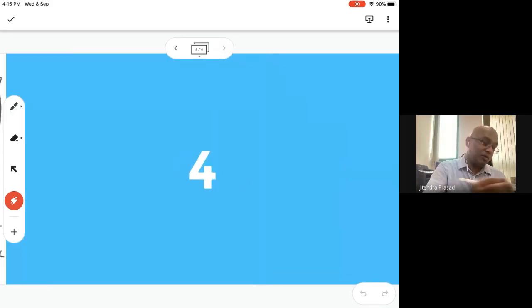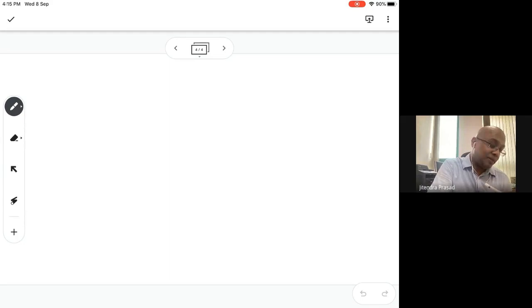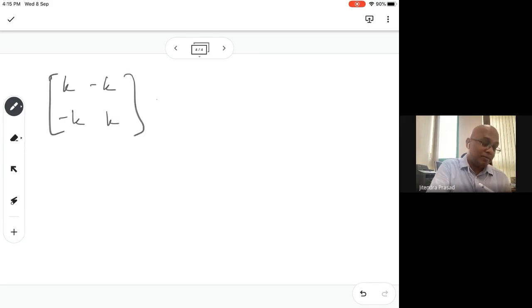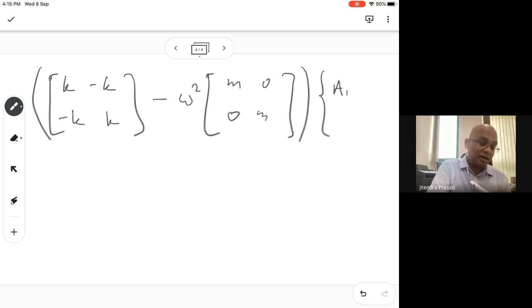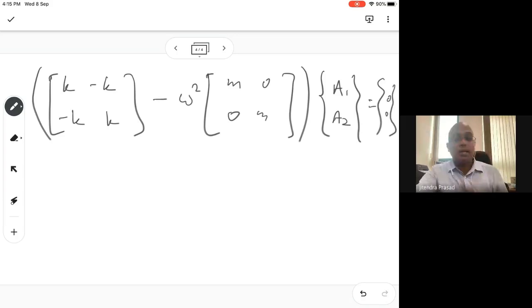Finally we get k, minus k, minus k, k, minus omega square times m, 0, 0, m, and then a1 and a2 is equal to 0, 0. So this is the eigenvalue problem we have to solve.